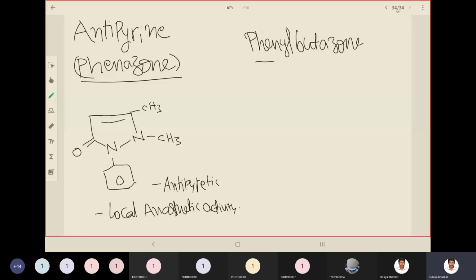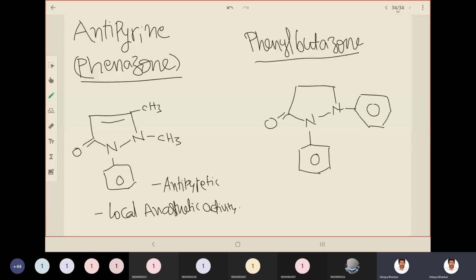You have pyrazole here again, two nitrogens having two phenyl groups, and you have two carbonyl groups, and here n-butyl. Butyl means CH2, CH2, CH2, CH3: 1, 2, 3, 4.